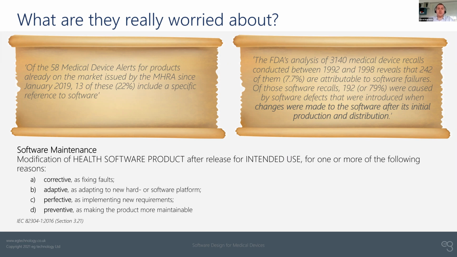That the defects were introduced when changes were made to software after its initial introduction into the market and its initial distribution. And so large parts of 62304 are really focused on software maintenance and release after intended use. So this can cover things like corrective actions, such as fixing faults.